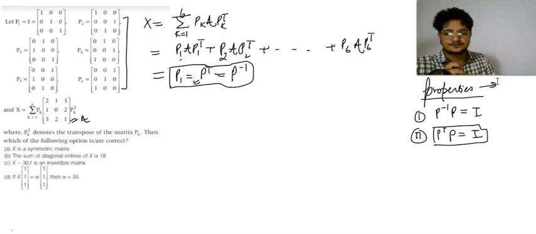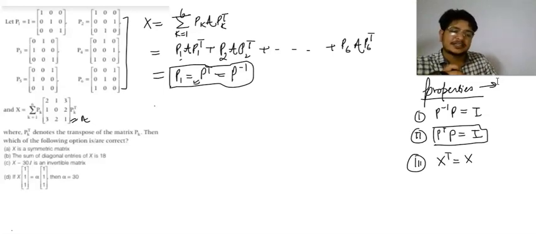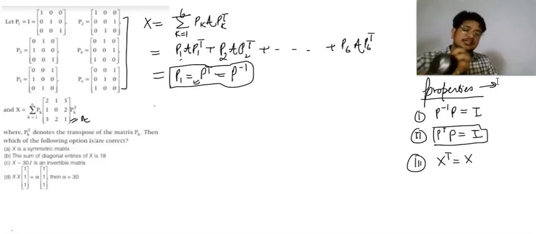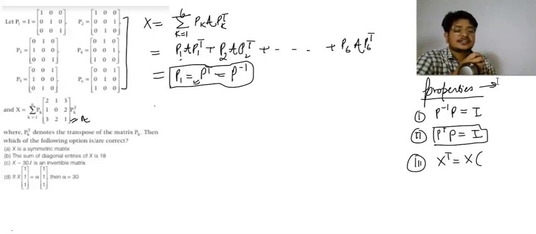Now I will go with the first option, whether X is a symmetric matrix or not. For checking symmetric matrices, we use the third property: if I transpose X and get the same X, we can say that it is symmetric.